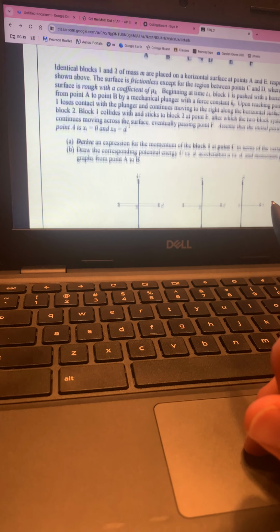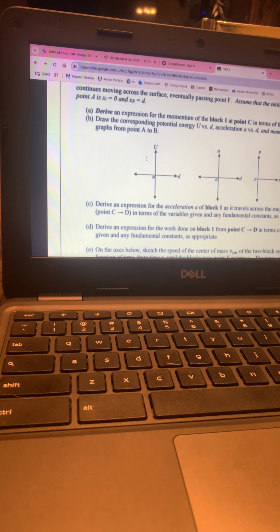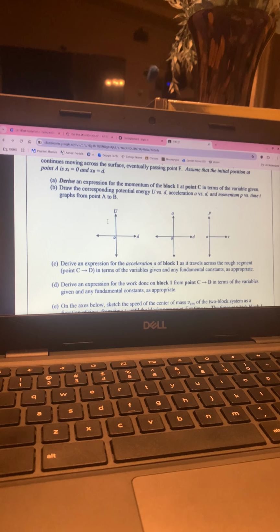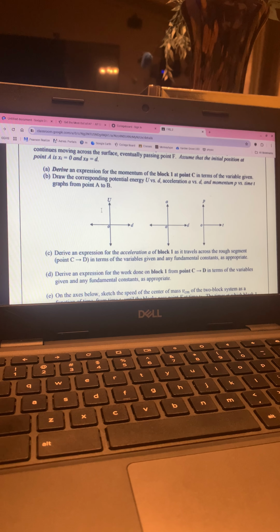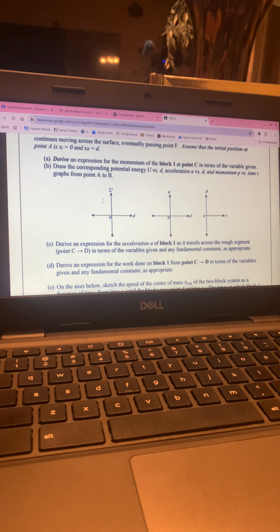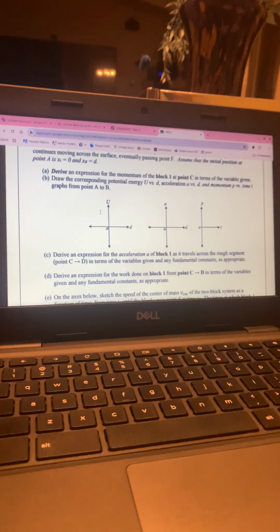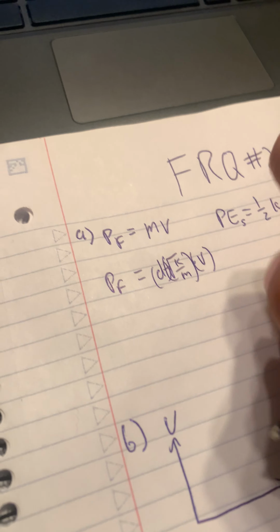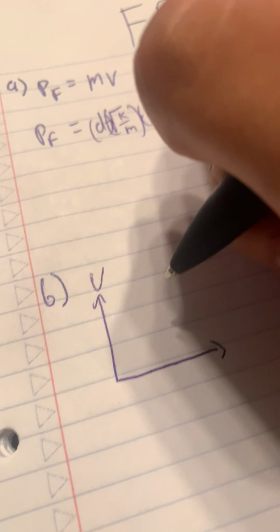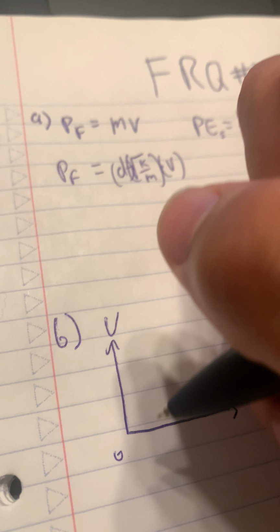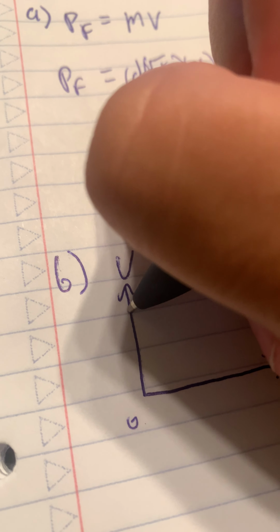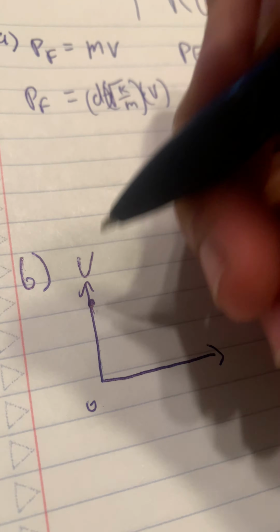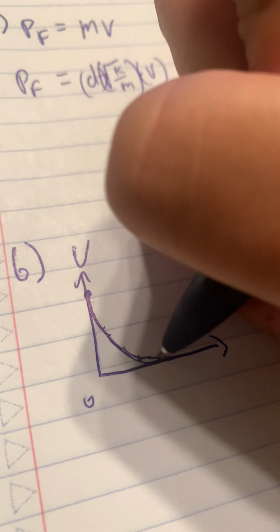And then for part B, it asks us to draw three graphs, one of momentum, one of acceleration, and one of potential energy from point A to B. We know that the potential energy at point A is at its max, which will then decrease exponentially, like so.